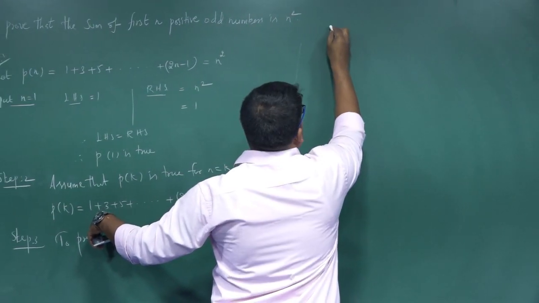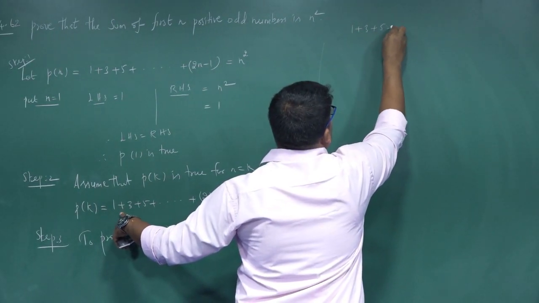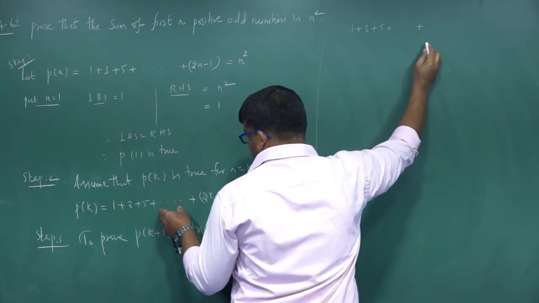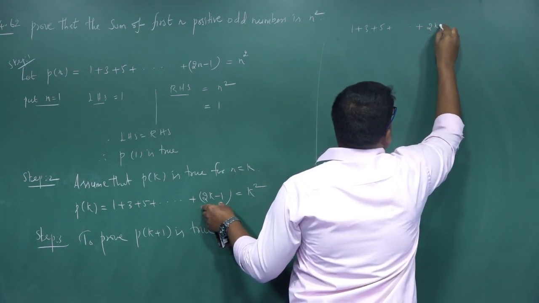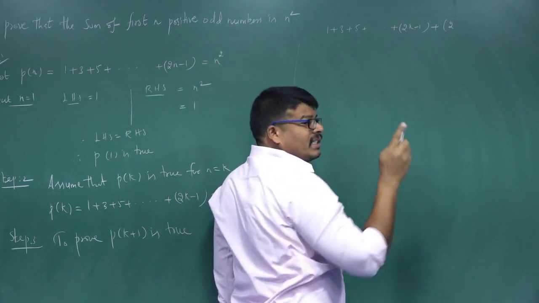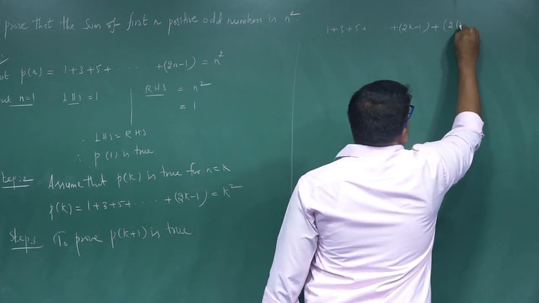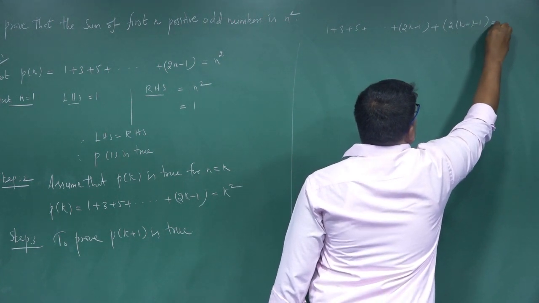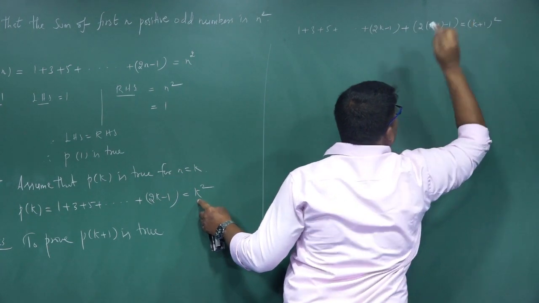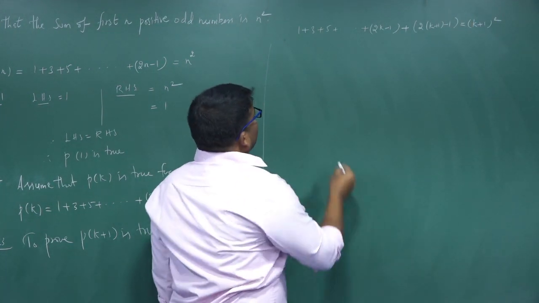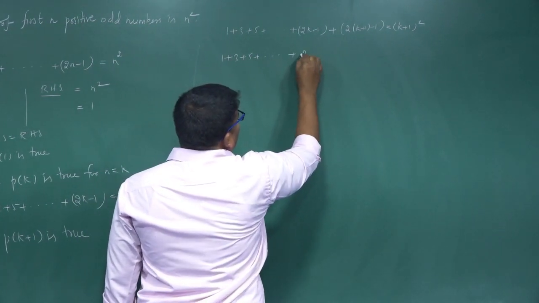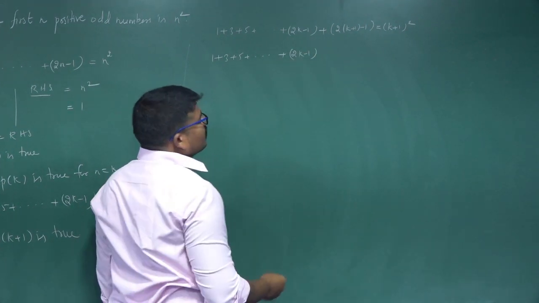Writing the statement: 1 plus 3 plus 5 and so on, plus the last term 2k minus 1, plus, now substitute k as k plus 1, 2 into k plus 1 minus 1, equal to k plus 1 whole square.